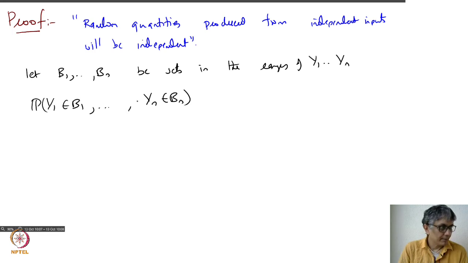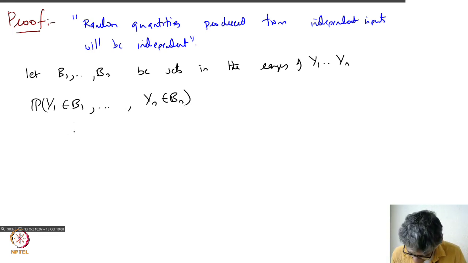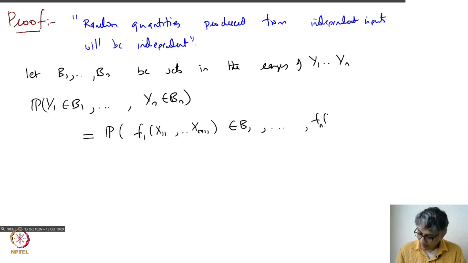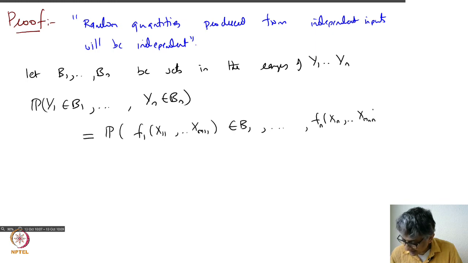I'll leave an interesting catch as an open question for you. Y_1 is f_1 of X_11 up to X_{m_1 1}, and this is in B_1, all the way up to f_n of X_1n up to X_{m_n n} is in B_n.